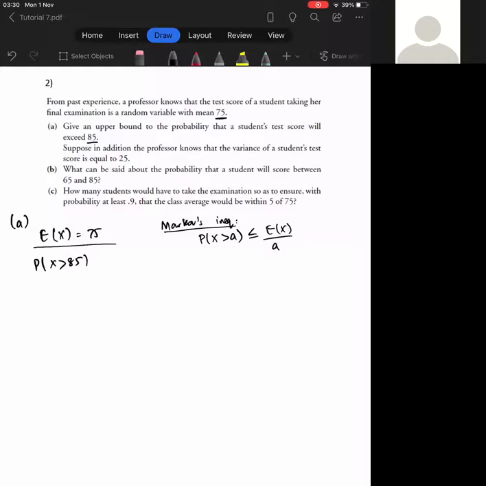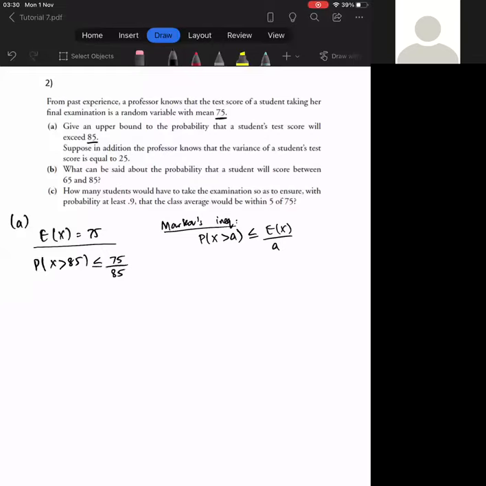This is a very powerful result we will use here as well. So the probability of X exceeding 85 is upper bounded by its expected value, 75, divided by 85. This is a loose upper bound, but then again, we're just given the mean, so we can't really do much.